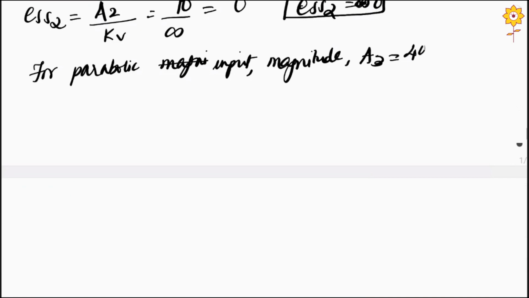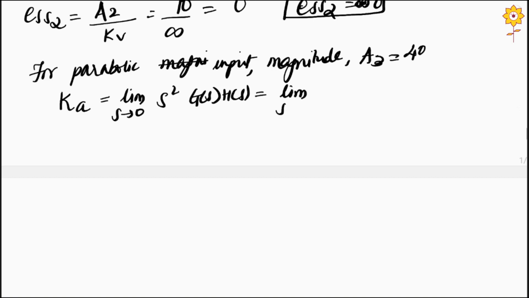So, let us write it down. The error coefficient Ka, we know the formula for this. Let us substitute the value of G of s, H of s in this equation.